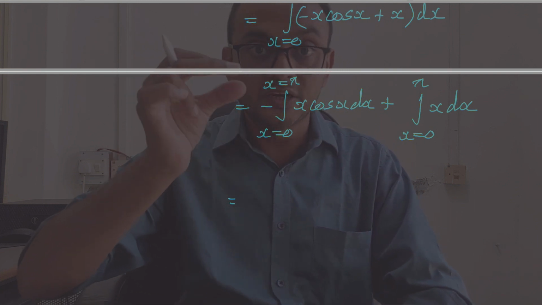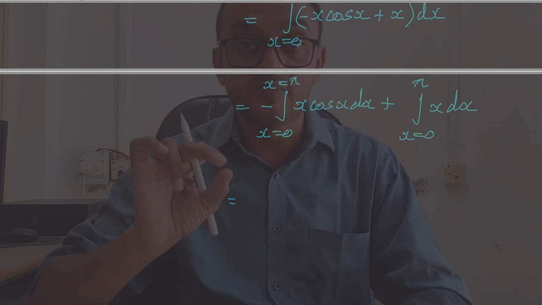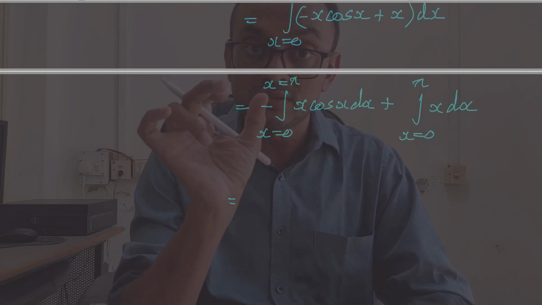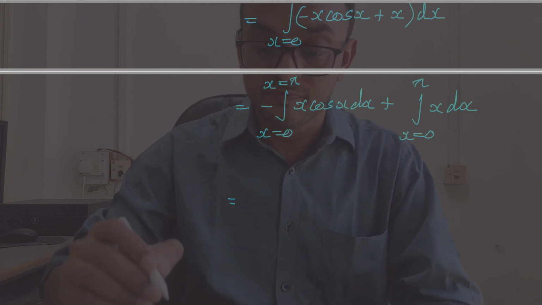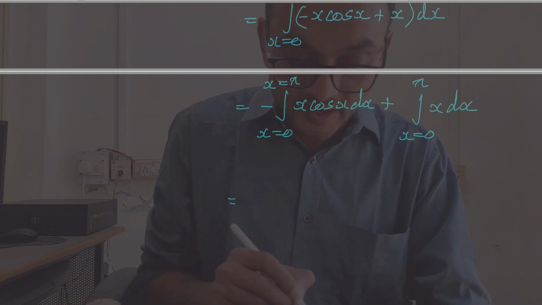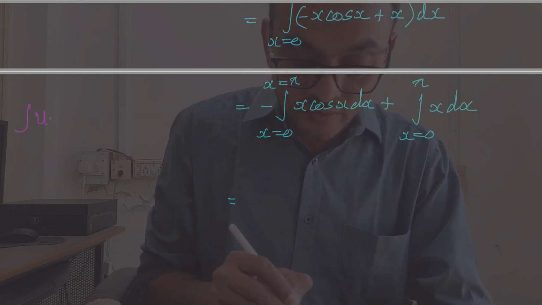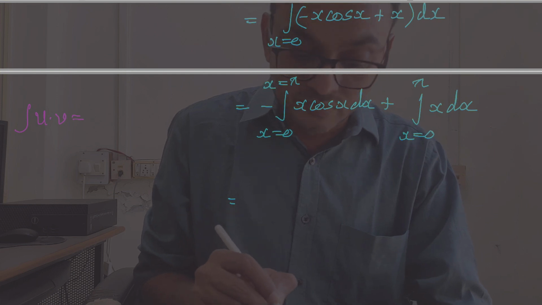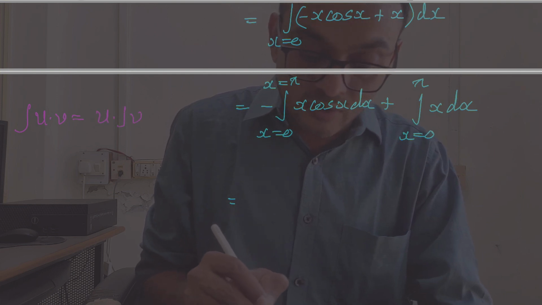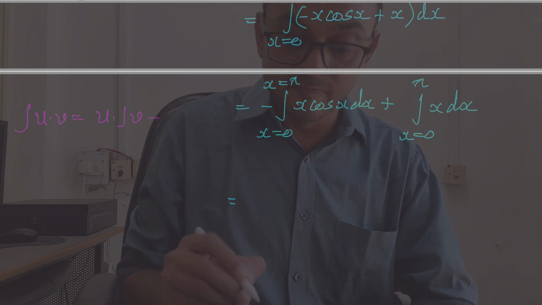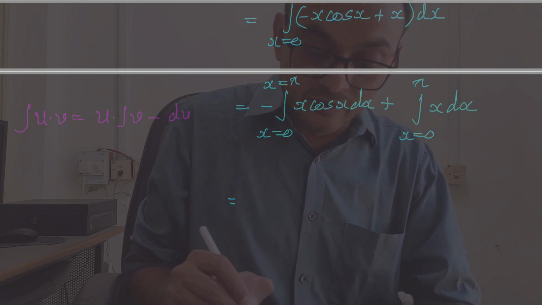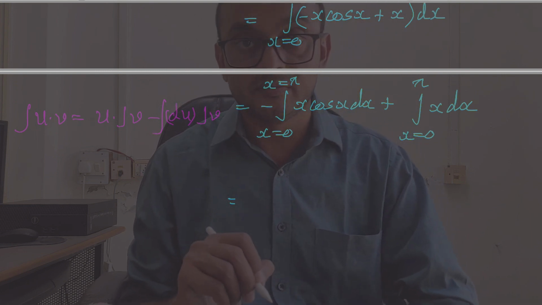The integration of x is x square by 2. But how do you integrate x cos x? We have to apply UV rule. What is UV rule? Integration u into v is equal to u integration of v minus derivative of u integration of v and whole integration, right?